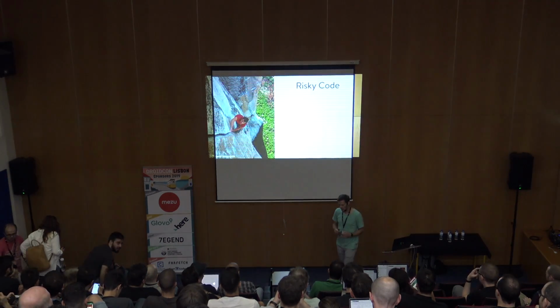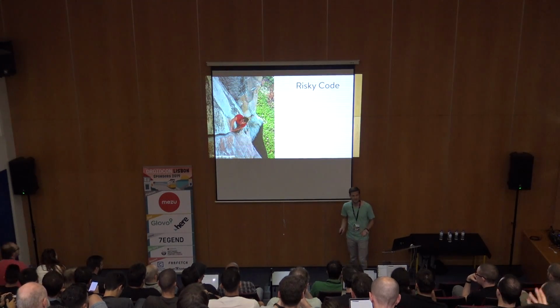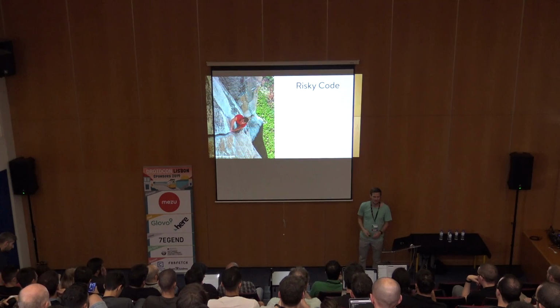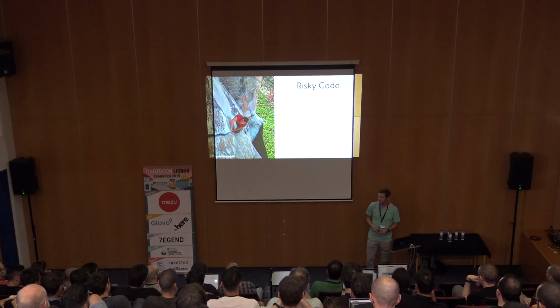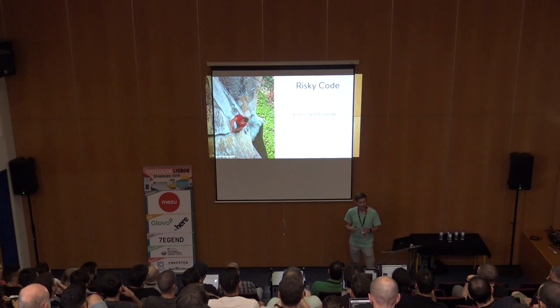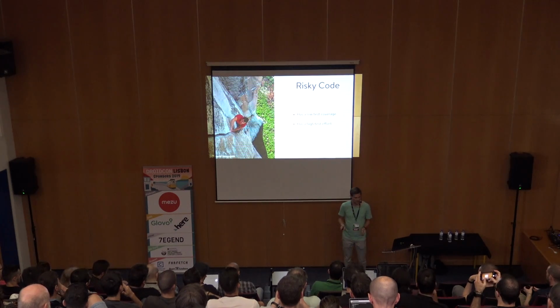Before we start into thinking about how we can refactor risky code, what is risky code? Actually, by the way, that's a really crazy guy in Yosemite climbing a very high wall without a rope. It's a very nice movie also, you could check it out. So risky code is code that has low test coverage, or even almost no tests.